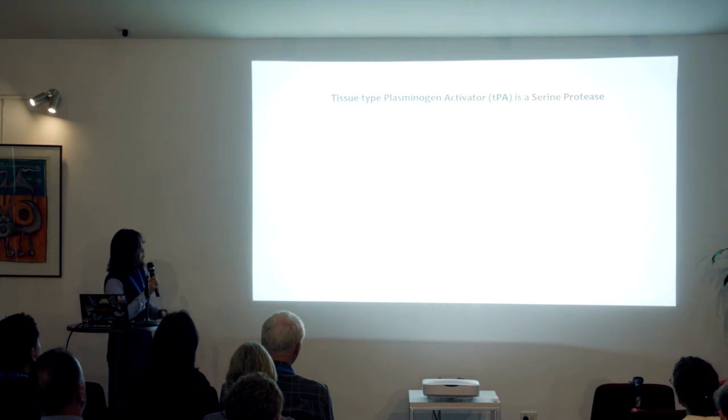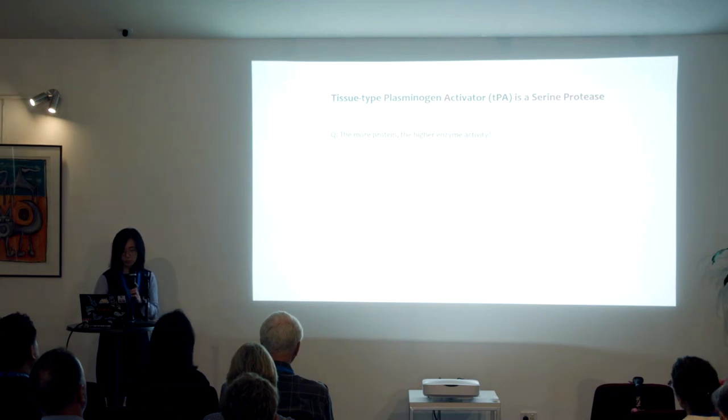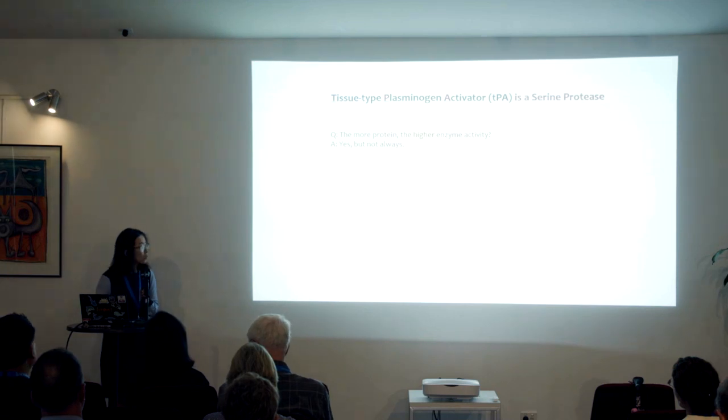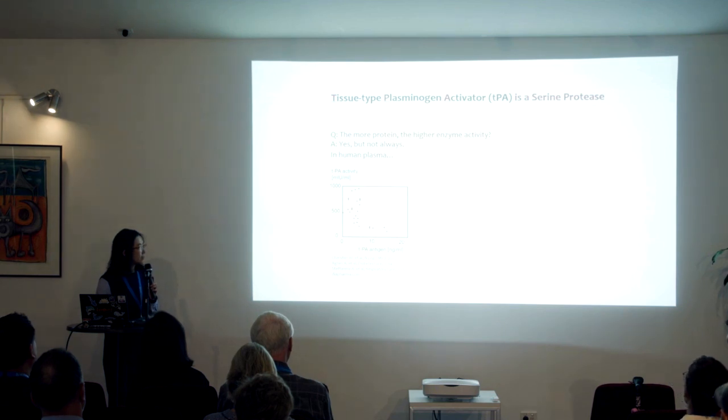As TPA is a serine protease, we would assume that more protein should correlate with higher enzymatic activity. However, for TPA, it's not always the case, because in human plasma, TPA enzymatic activity actually negatively correlates with its own antigen levels.